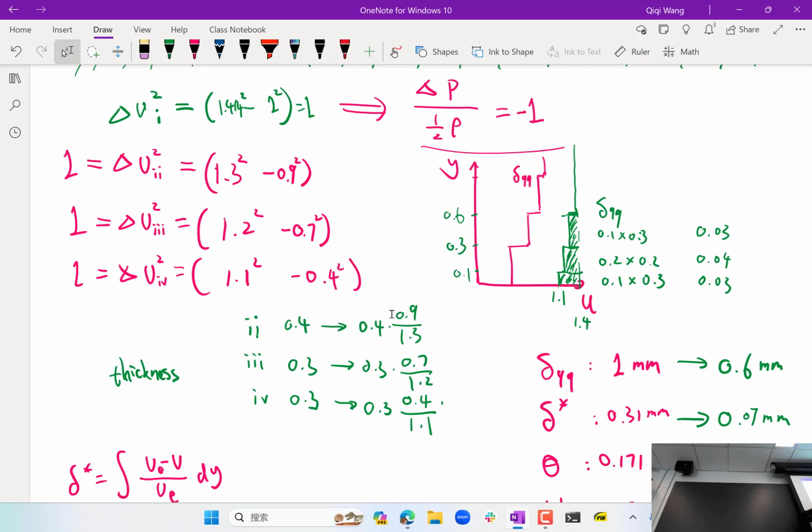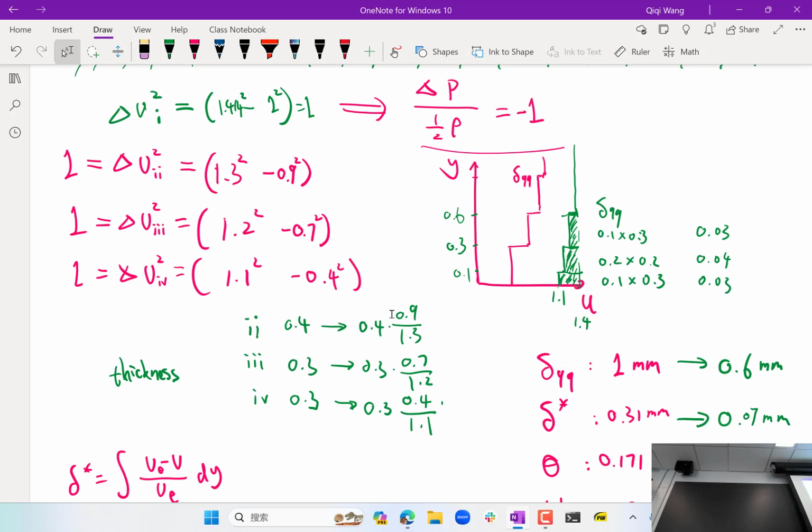If this is negative enough, then the velocity after experiencing the adverse pressure gradient can become zero, right? The layer closest to the boundary. When the velocity becomes zero, how would the thickness of the bottommost layer become? Infinity, right? And this can never happen.